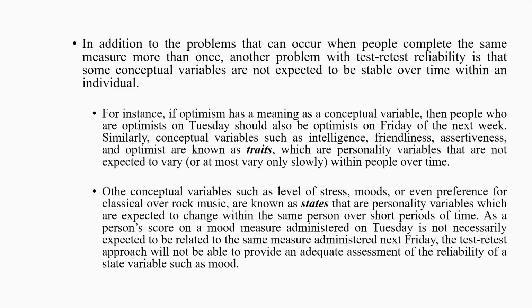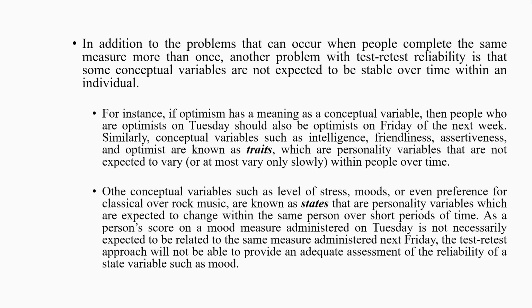Okay. So, let's take that example, again something that Stanger has taken. If optimism has a meaning as a conceptual variable, then people who are optimists on a Tuesday, again remember, we do not compare tests across a large period of time, typically you are trying to do first, second and third administrations within a short period. So, if you ask somebody to take an optimism scale on Tuesday, you would expect them to be optimistic also on Friday of the week.